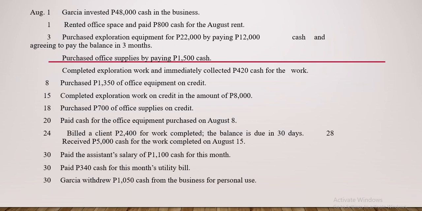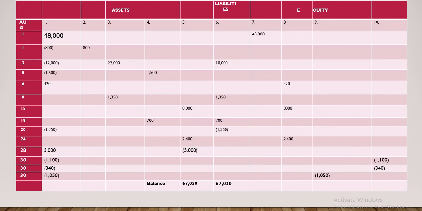And August 30, paid assistant salary of 1,100 pesos cash for this month. August 30, paid 340 pesos cash for this month's utility bill, and Garcia withdrew 1,050 cash from the business for personal use. Okay, let us see the table.